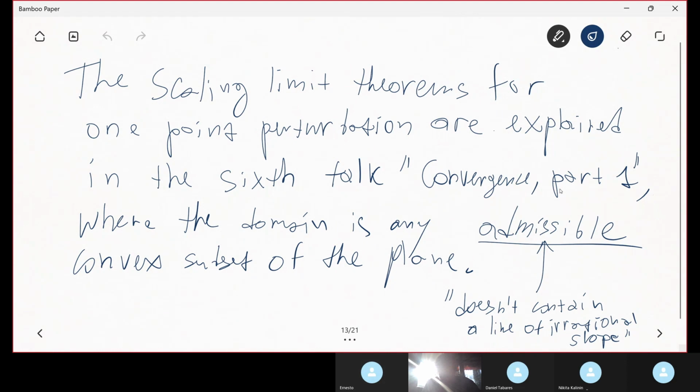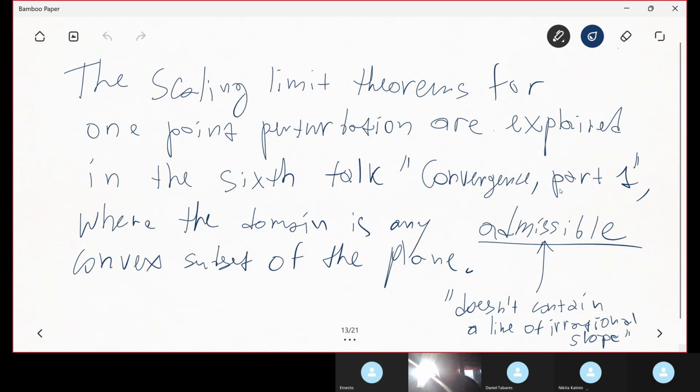One talk is talk number 6, which is called Convergence Part 1, which proves partially, so not every detail is covered, that for 1 point perturbation of the maximal stable state, that is all 3 states, there is some convergence results. I don't state it today; it's stated in this Convergence Part 1 talk.